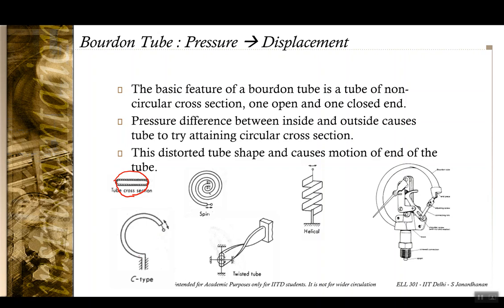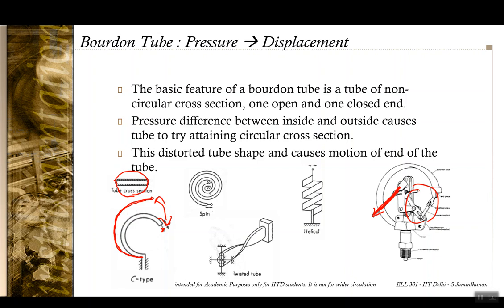It tries to go into a circle of higher radius, which in turn moves this tip from one position to another. This variation in position can be captured by a set of mechanical linkages and translated to a pointer, and the pressure can be read.